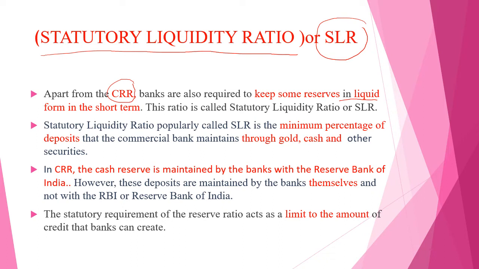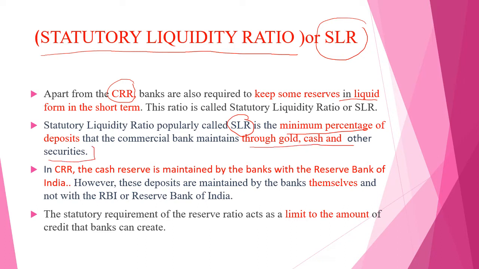That is the cash reserve ratio. But in the case of SLR, it is in liquid form. That means we can convert it into cash. That's called a liquid form. So the statutory liquidity ratio, popularly called SLR, is the minimum percentage of deposits that the commercial bank maintains through gold, cash, and other securities.